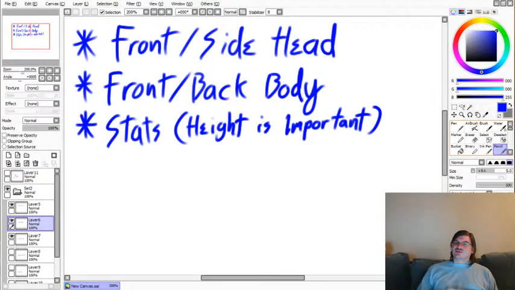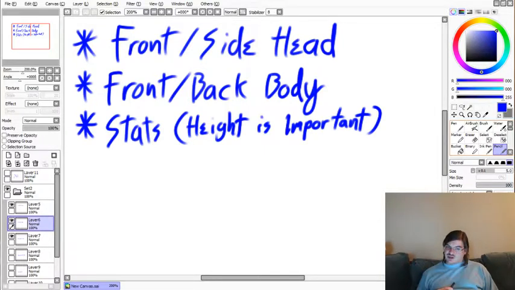Height is actually an incredibly important statistic, because if your character is going to show up in an image with more than one character, so not alone, and let's face it, a lot of pictures that we want are not just of our character, right? We want our friends, we want our significant others, we want people to be interacting with our characters. So, in order to properly obtain an image where somebody is interacting with us, we need to include our height.